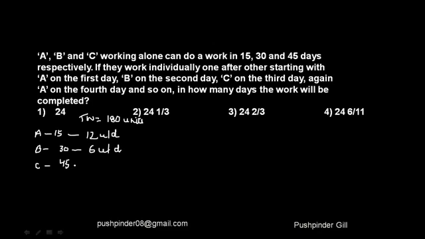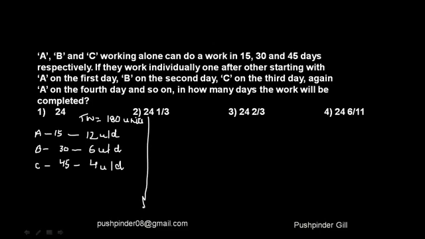And C is able to finish the job in 45 days, that means he's going to finish 4 units every day. I could have even taken 90, that would have made life easier. No problem. So A finishes 12 units every day, B 6 units, and C 4 units every day.